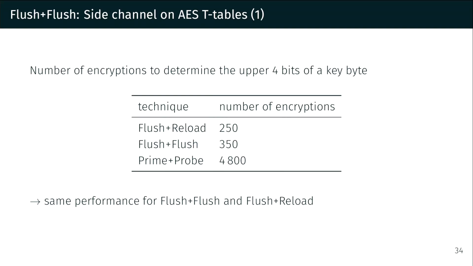And Flush+Reload is a bit better, so we need only 250 encryptions to recover these bits. But Flush+Flush comes quite close with 350. And Prime+Probe is actually the most noisy of them all. Needs close to 5,000 encryptions. So we have around the same performance for Flush+Flush and Flush+Reload.